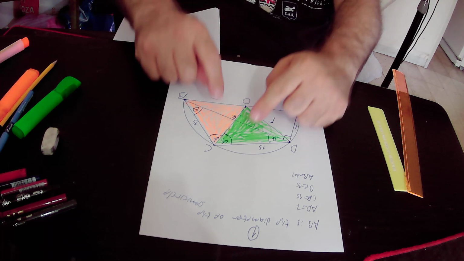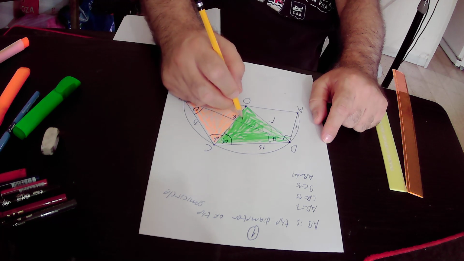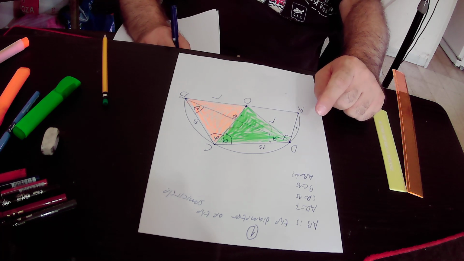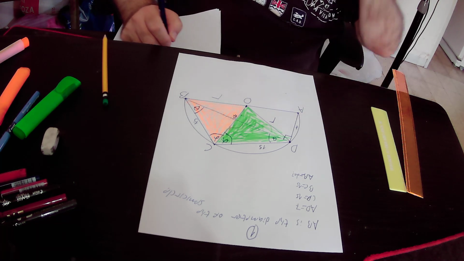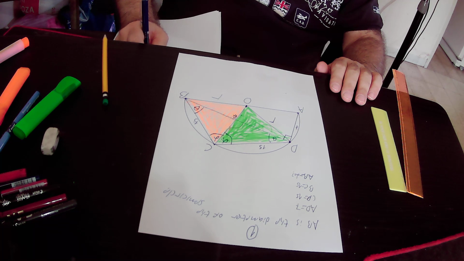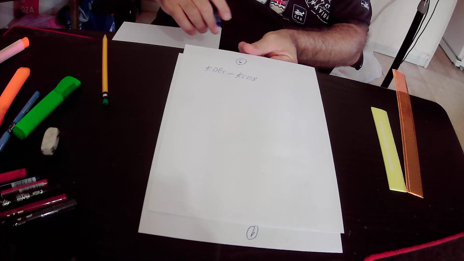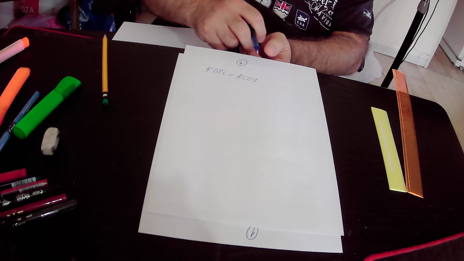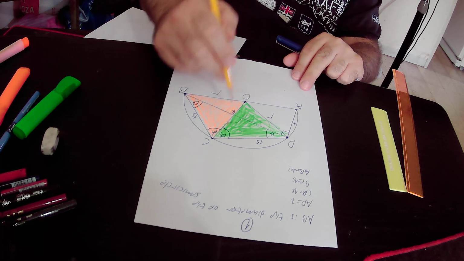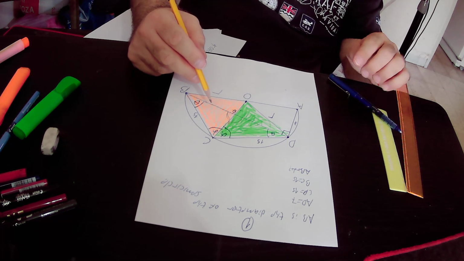So, from the fact that those two triangles are congruent to each other, we can deduce that angle DEC in the green triangle is equal to angle CEB in the orange triangle, according to the rule that corresponding angles in congruent triangles are equal to each other.